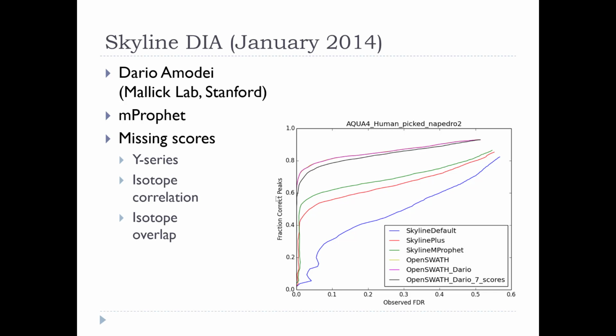So here was the Skyline default at the time. This was Skyline with mProphet. And this was Skyline corrected with our best attempt to come up with a static set of scores at the time. And then this is what we saw with OpenSwath, this purple.